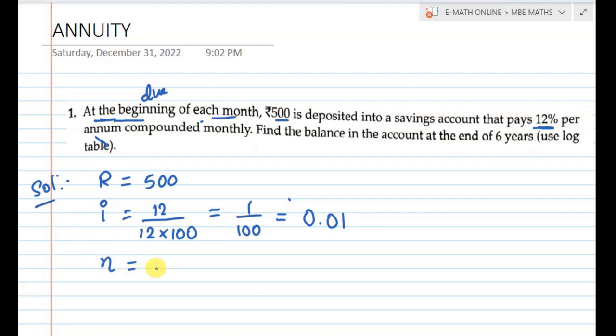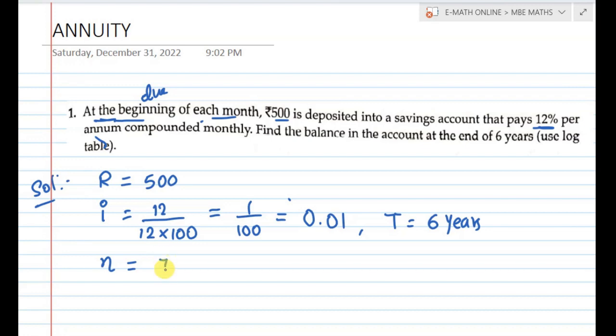And the number of payments n equal to what? What is the time period? Time period was 6 years. So 6 years means at last how many payments he made? 6 12s are 72.